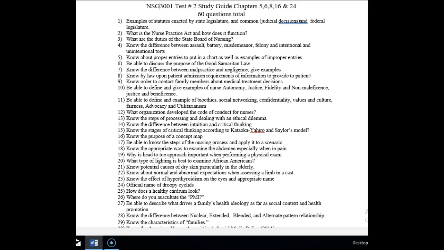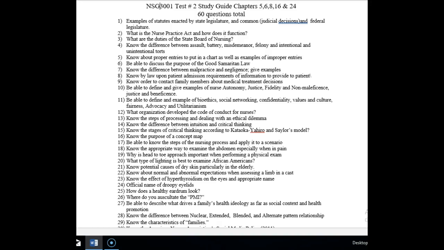If the nurse, for instance, performs a procedure for which he or she has no training, the nurse will be liable for any injury resulting from that act. Therefore, it's really important for the nurse to provide only the care that is consistent with their level of expertise.